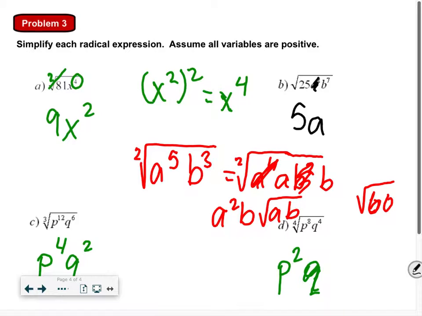So I can write b to the 6th, and then what? b, that's all that has to be in your radical. So if I pull it out, what do I get? a to the 5th, b to the 3rd, and square root of b. You need the square root at the back. We gotta kick them out. Okay, questions?